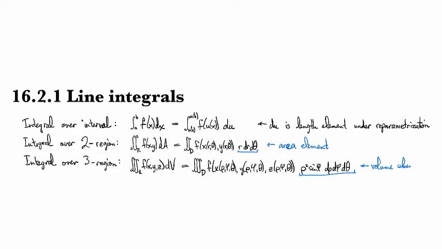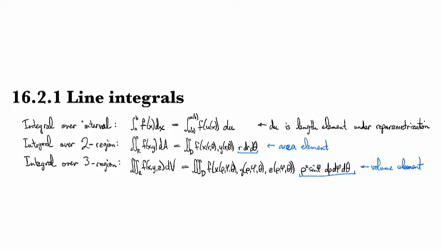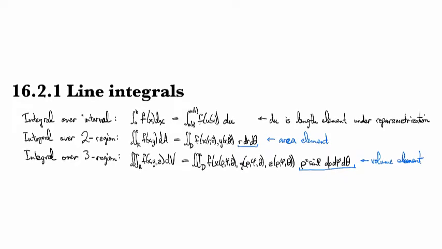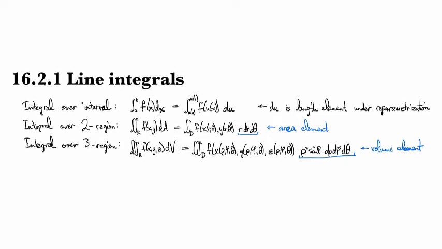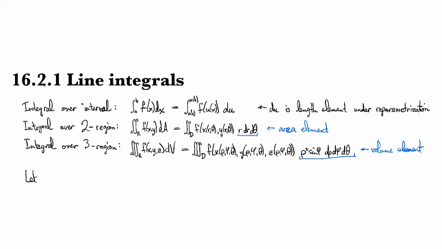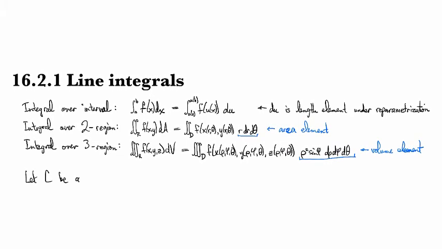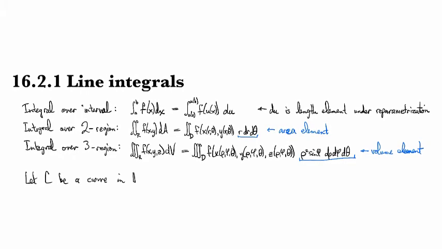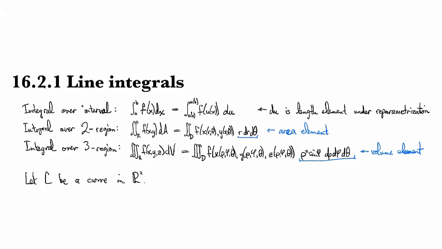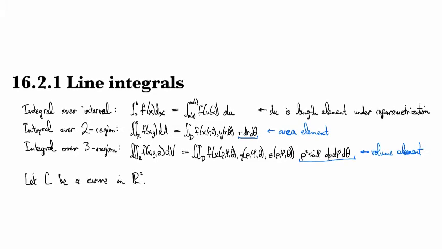And so you've seen some of this element business before, like when we were talking about integrals for arc length and surface area, right? Now we've got the same kind of idea, but we're going to be looking at the integral over a path in space, or a curve. So let C be a curve in, say, R2. Then we're going to need an arc length element.